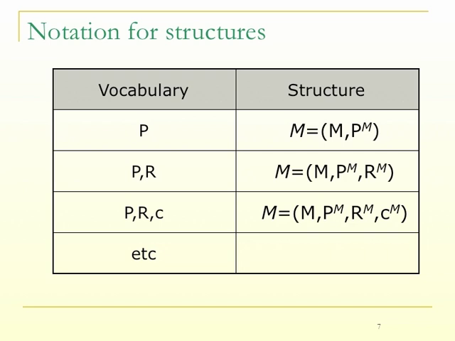If the vocabulary consists of P, R and a constant C, then the notation for the structure is the quadruple (M, P^M, R^M, C^M), and so on. The pattern should be clear. So we write in parentheses first the universe and then all the predicates and constants that arise from the vocabulary in this structure.